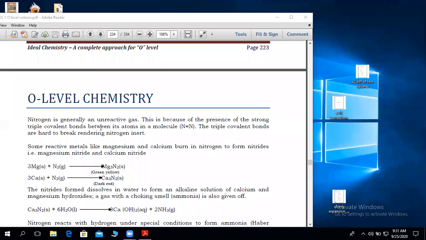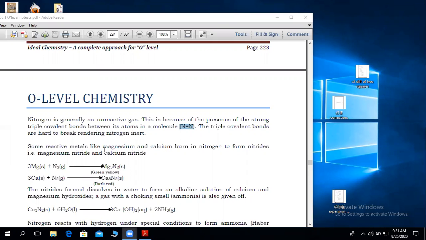So for nitrogen to react, the triple bond must be broken. So the triple bonds are hard to break, rendering nitrogen inert. So for nitrogen to react, the triple bond must be done what? It must be broken.